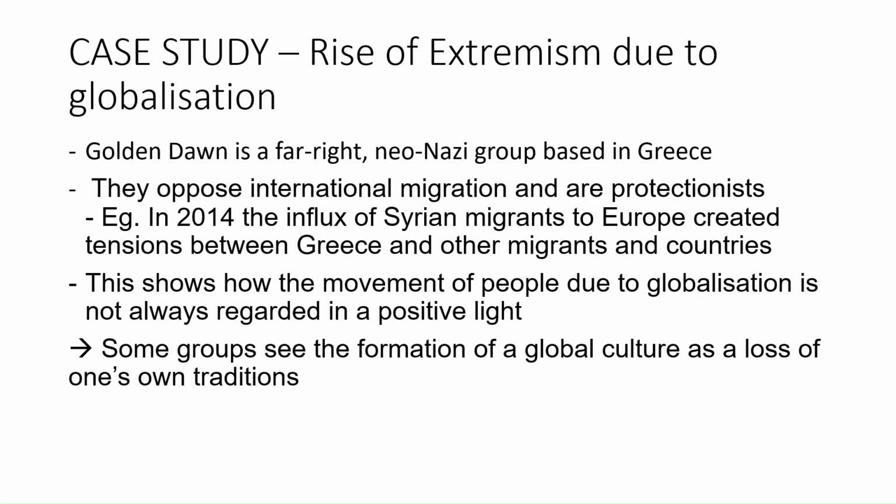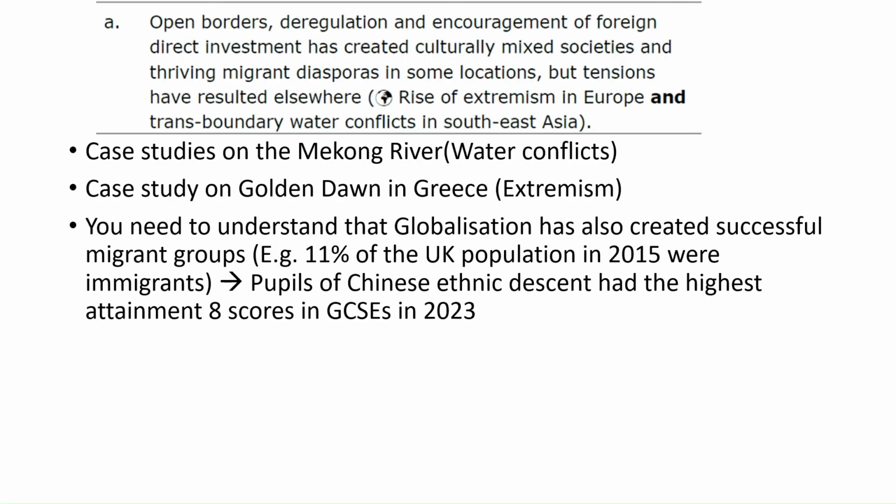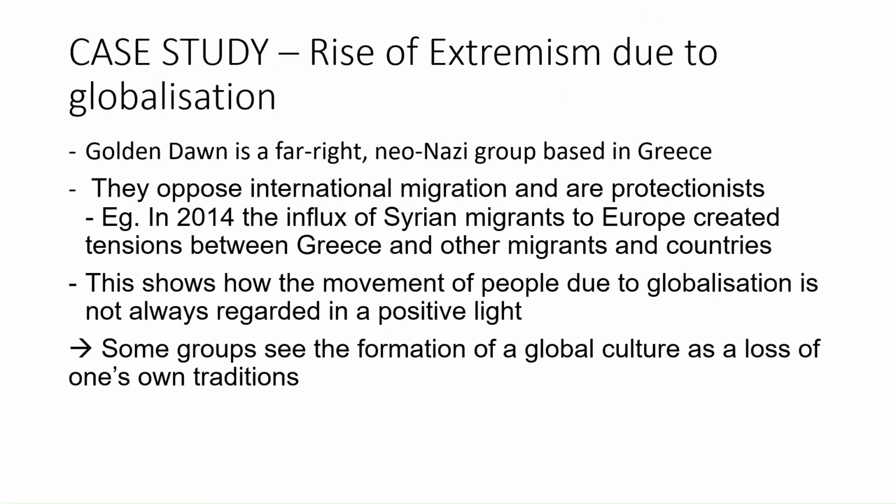All right, so let's look at the rise of extremism due to globalization. This is an example of a stakeholder opposing globalization. Golden Dawn is a far-right neo-Nazi group based in Greece, and they oppose international migration and are protectionists. Protectionists are people that want to protect their own culture and limit the amount of people coming in through their borders.